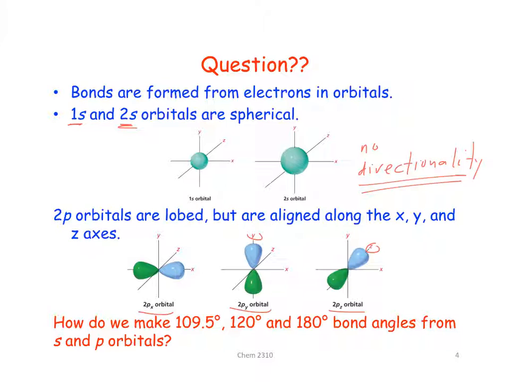So these do have directionality, but they're only at 90-degree angles. Did we see any of those molecules with bond angles of 90 degrees? No, we didn't. We had 109.5, 120, and 180. So how are we going to use these s and p orbitals to make the bond angles which we observe?